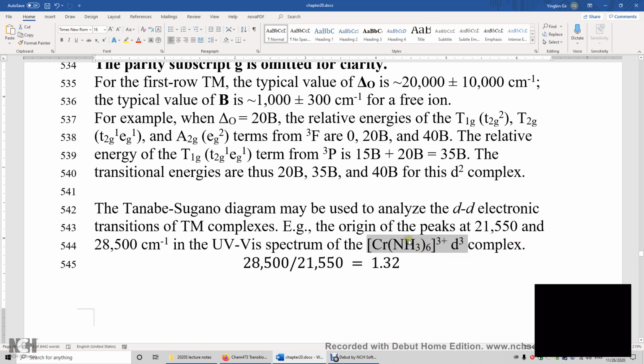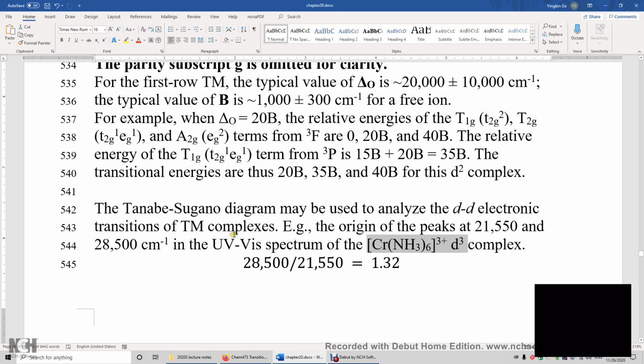This ammonia ligand is in the middle of the spectrochemical series because it's not a pi electron acceptor. It's not a pi donor either. So it's in the middle. Well, that's why the delta O of ammonia should be close to 20,000 wave numbers.